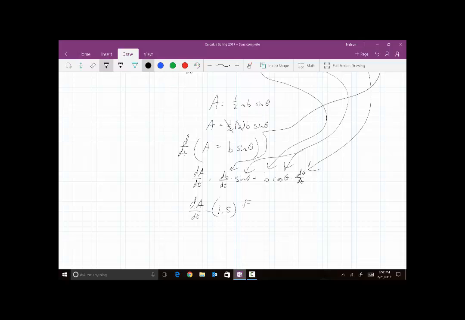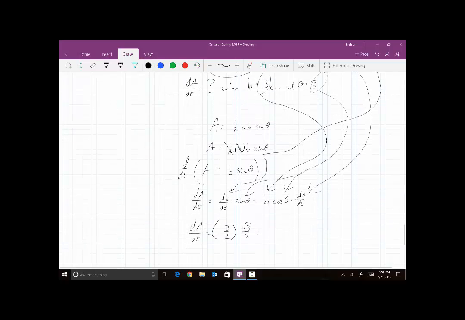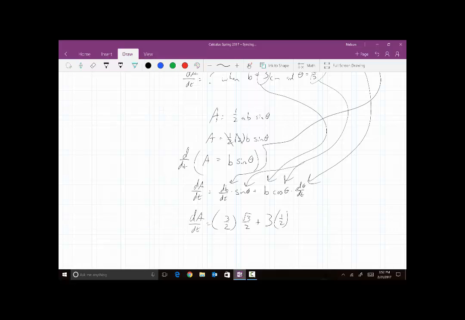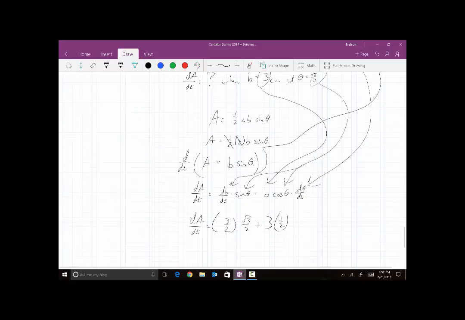The sine of pi over 3 is root 3 over 2. You could call 1.5 three halves, so let's deal with everything in terms of fractions. Plus B, which is 3, times the cosine of pi over 3, which is a half, times d theta/dt, which is 0.2, or 2 over 10.